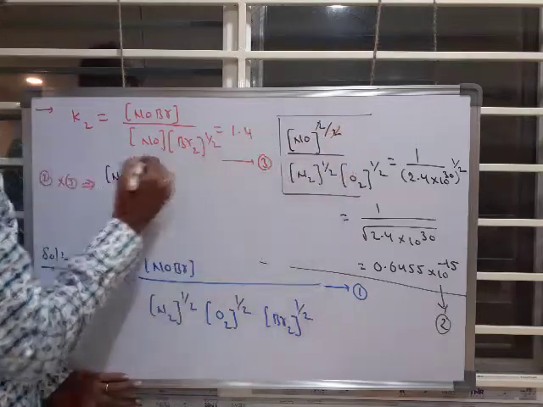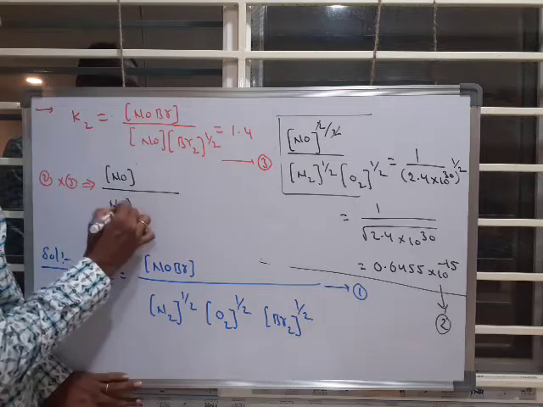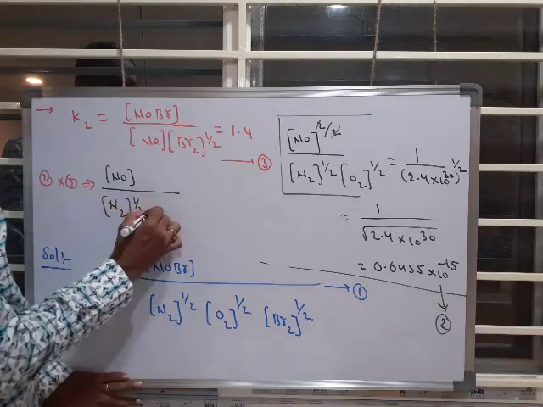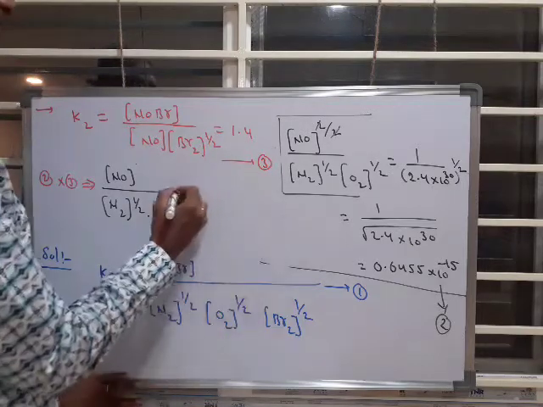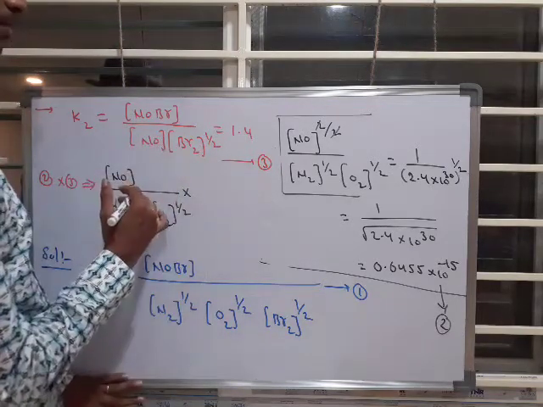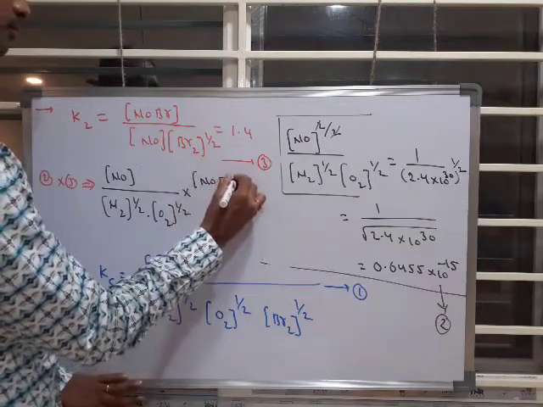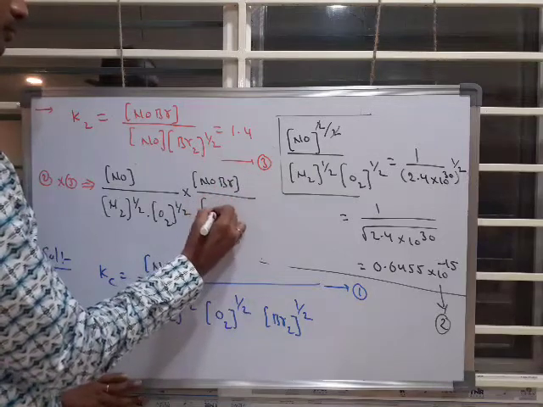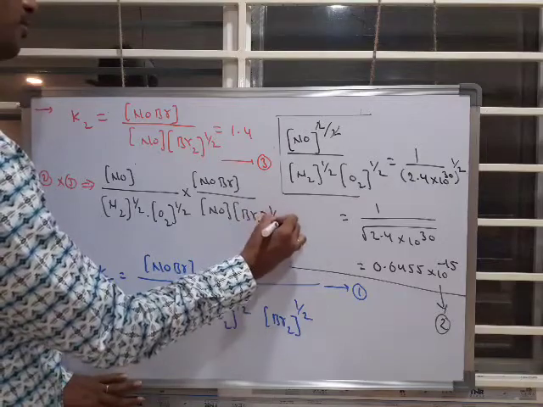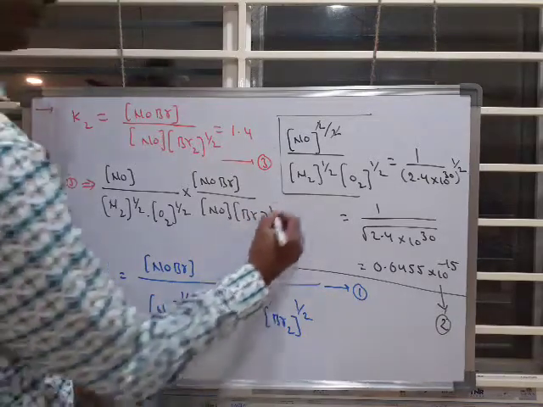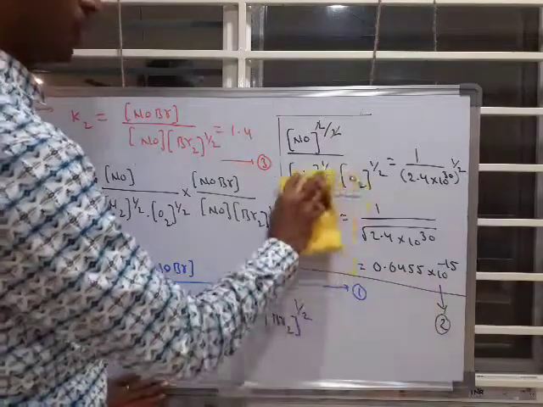Let's say the NO gets cancelled, NO power 1 by N2 power half, O2 power half. The values we write on the right side, multiplying on the left and multiplying on the right. So it becomes very simple. It is equal to equation 2 into 3.